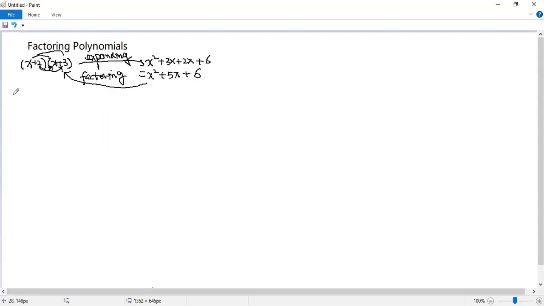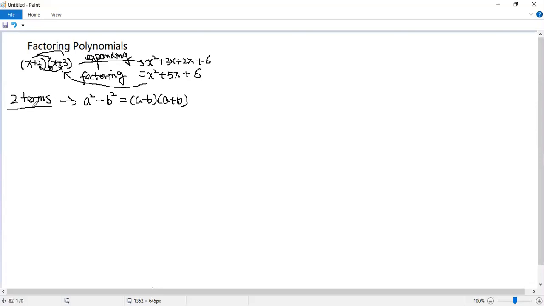If the polynomial has two terms, then we try the difference of squares: a squared minus b squared equals (a minus b) times (a plus b).